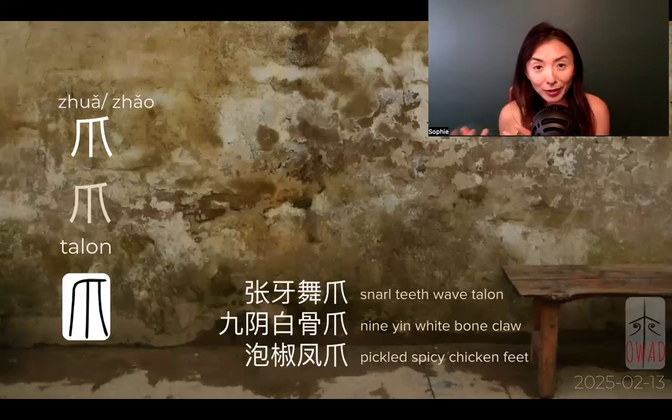Nine yin, that's what that is. And the baigu, the result of that power is going to get to your bones, bone level.